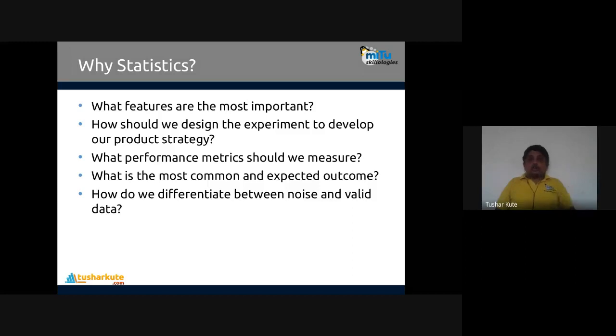Okay, and how do we differentiate between noise and valid data? It is important to note that when you apply data to a statistical model or machine learning model, it may contain some kind of noise. We call them outliers. In the data science process, we have seen that. What is an outlier? An outlier means an entry which is far away from the crowd.